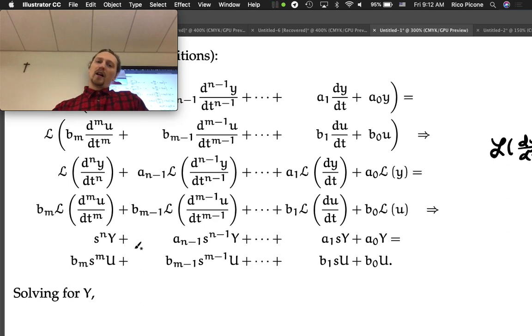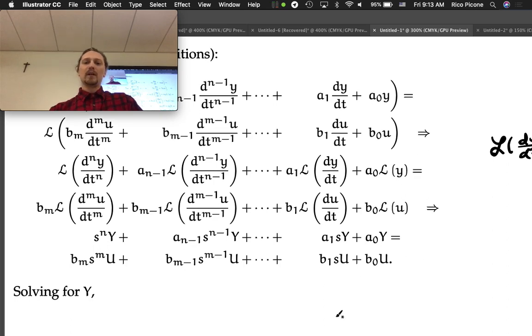So now we've got all these powers of S on the left-hand side with the original coefficients as well. And every single term has y in it, right? Similarly, on the right-hand side of the equation, we have powers of S all the way up to m, the highest time derivative of u, all the way down to the lowest.